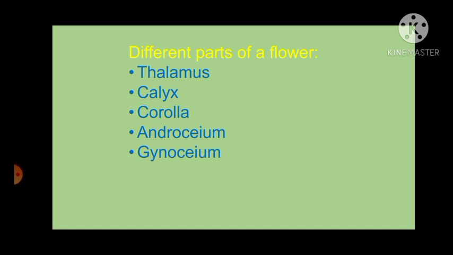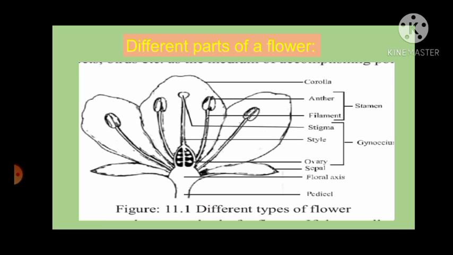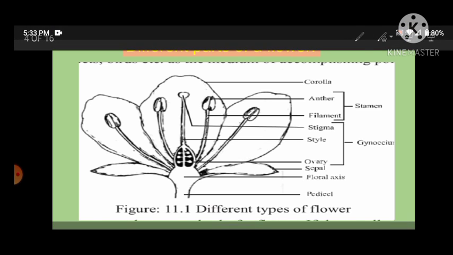Different parts of a flower. We already know there are 5 parts in a flower. There are main parts: first one is thalamus, calyx, corolla, androecium and gynoecium. There is a picture of a flower and we can see the main parts of the flower.